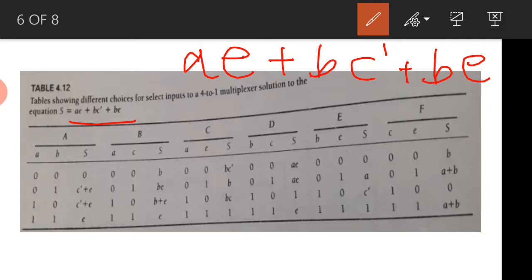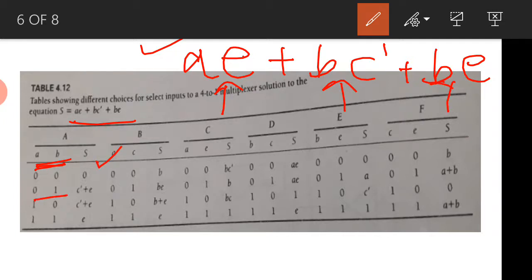Now there are several combinations we can see here. If there are 2 bits taken as select lines, out of 4 I am taking 2 as select lines and the other 2 as input. If I am taking AB as select lines, I will put AB as 0 0 in this equation. If A is 0, this term will be 0, and B is 0, these 2 terms will be 0, so output is 0.